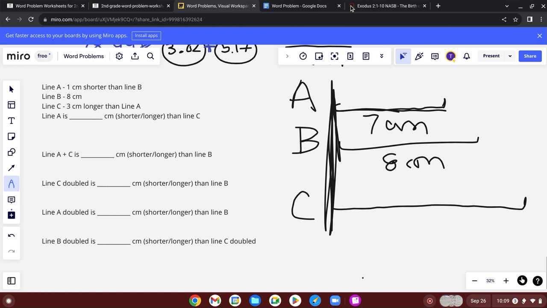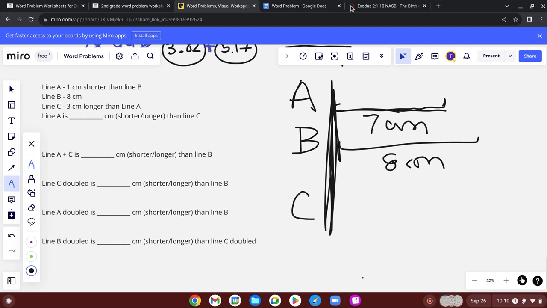Line C is 3 centimeter longer than line A, which makes it how long? 10. Is it 13 minus 3 is 10? 13 minus 3 is 10, yes, but let's focus on this one right now.